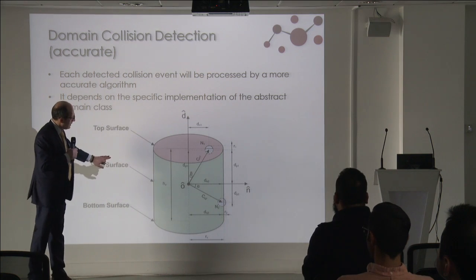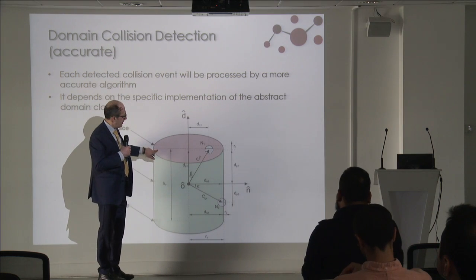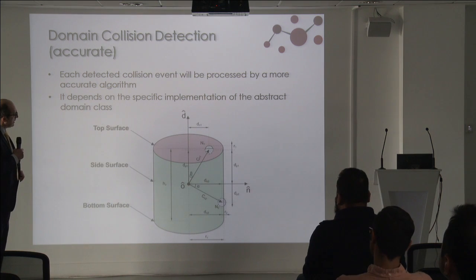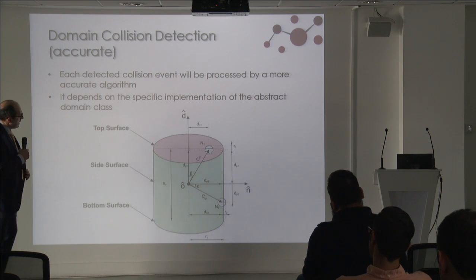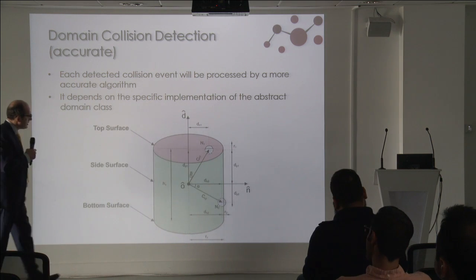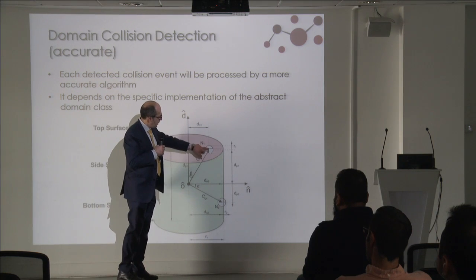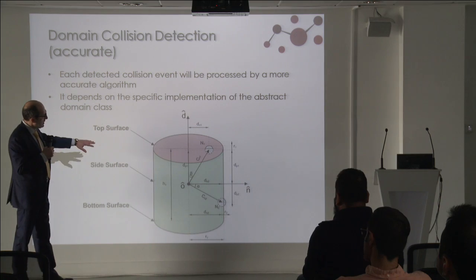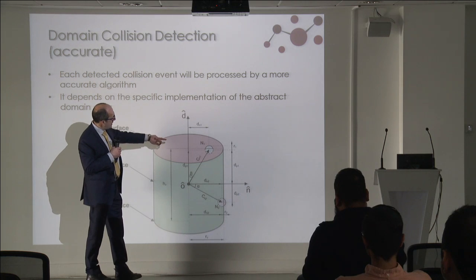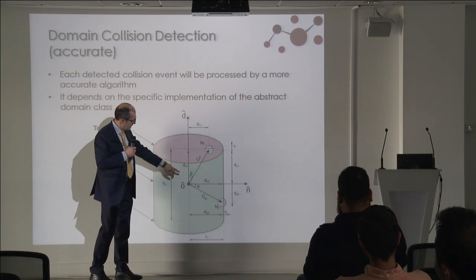Here we have two problems. Evaluate the collision when it happens with the top surface, the orthogonal cut of the cylinder, and when a collision happens with the side surface. So in this case, if we want to manage the collision with the top surface, we build up a coordinate system in which the d hat axis corresponds with the axis of the cylinder.